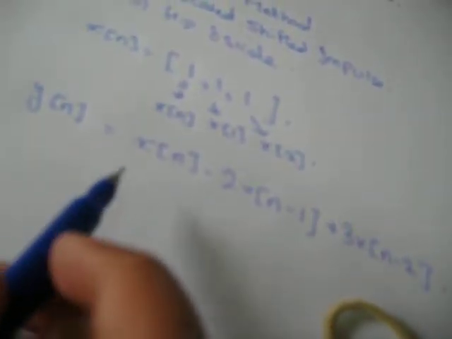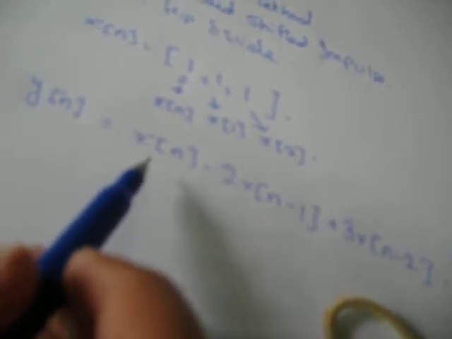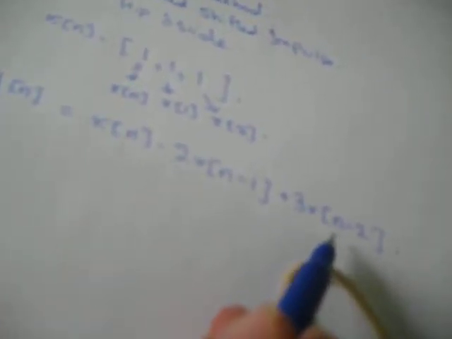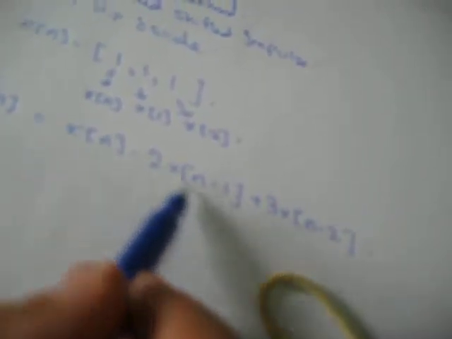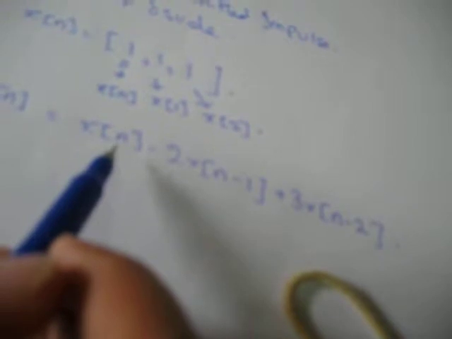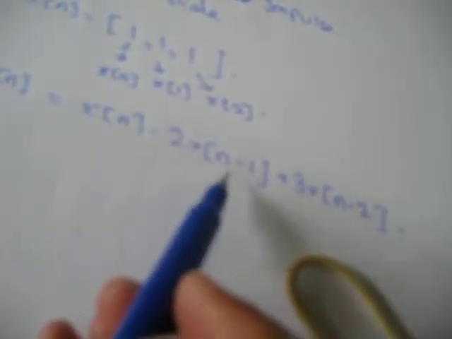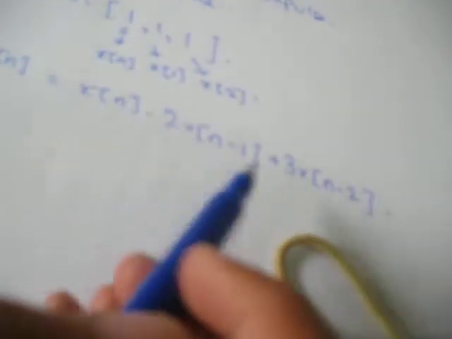Now suppose we take the value of n to be minus 2, then the signal will become x of minus 2 minus 2 x of minus 3 plus 3 x of minus 4, and none of these exist in the original signal. For example, x of minus 2 does not exist in x of n, x of minus 3 does not exist, x of minus 4 does not exist.